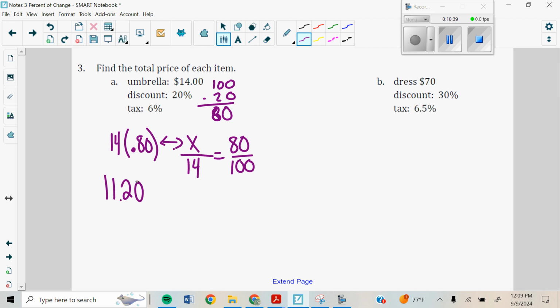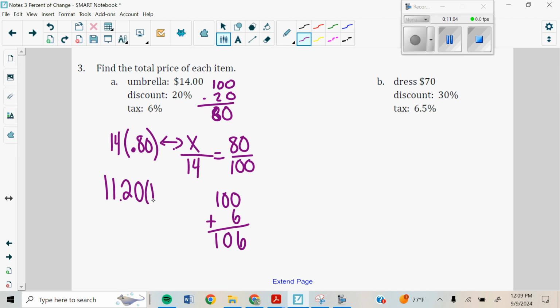$11.20. Now we have tax, and we are going to add tax in. And tax is always added in after discounts or any other things like that. And so we're going to add a 6% tax. So if the $11.20 is my new price, that's my new 100%, plus I'm adding 6%. So we're going to pay 106% of the price.